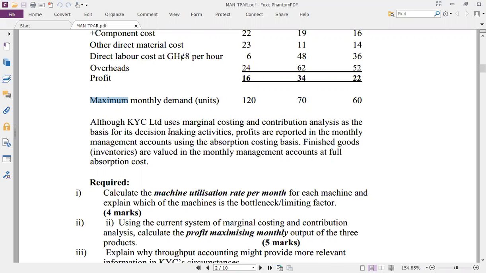Although KYC Limited uses marginal costing and contribution analysis as the basis for its decision-making activities, we did marginal and absorption costing clearly. Profits are reported in the monthly management accounts using absorption costing basis. Finished goods, that's inventory, are valued in the monthly management accounts at full absorption costing.